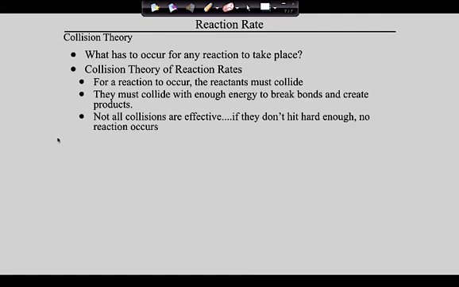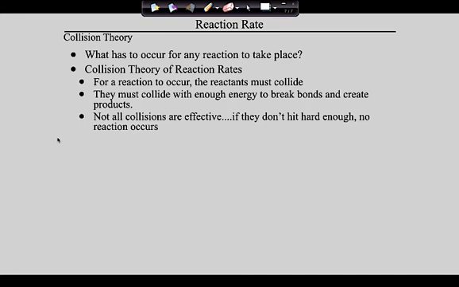Now the problem is, because there's a minimum amount of energy that they have to have in order to form products, not all of these collisions are effective. If these reactants don't hit hard enough to create products, then it's as if they didn't hit at all. No reaction takes place and no products are formed.